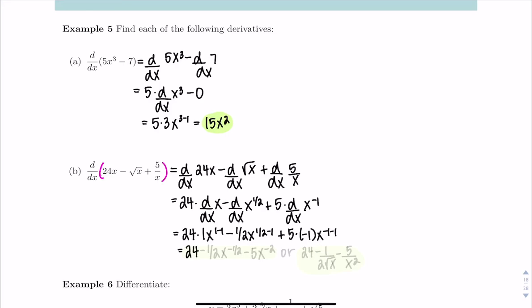And so what we end up with is 24 minus 1/2 x to the negative 1/2 minus 5x to the negative 2. Or we can write this as 24 minus 1 over 2 square root of x minus 5 over x squared.